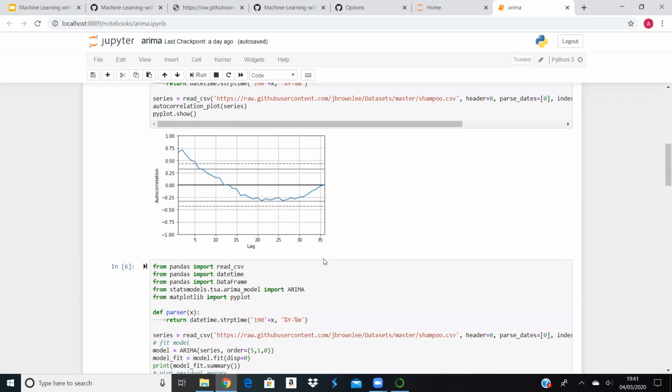The autocorrelation plot tells us whether we can go ahead with ARIMA or not. Since we can see a kind of trend in this graph, we can say that there is autocorrelation between data points at different times. So it makes sense to go through ARIMA on this kind of data.